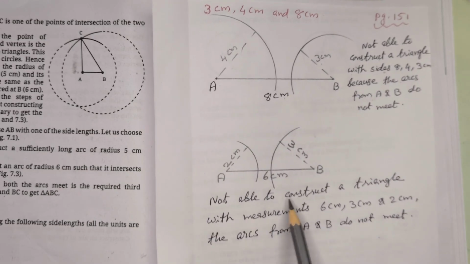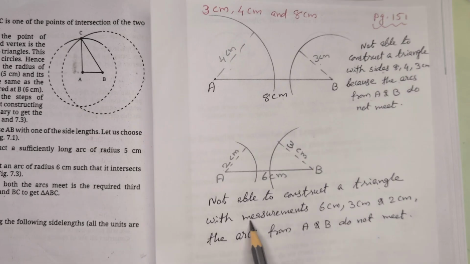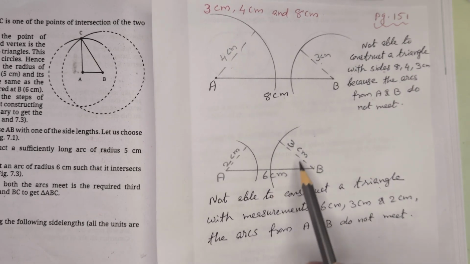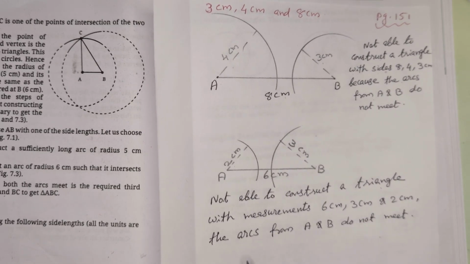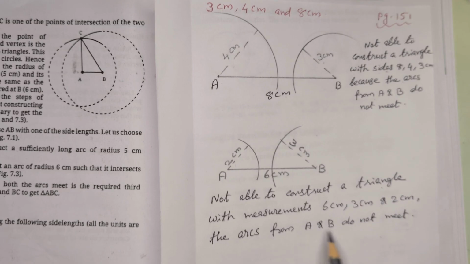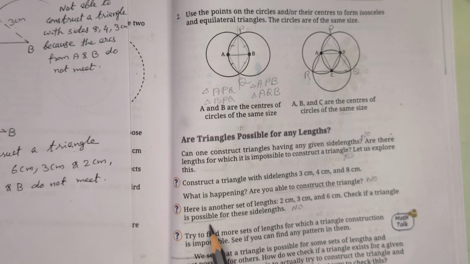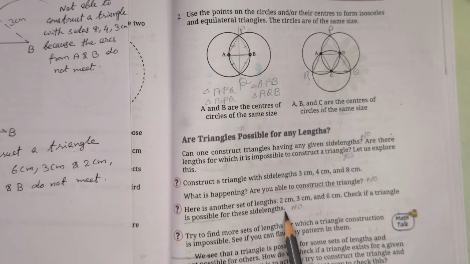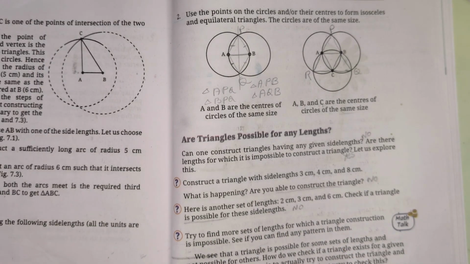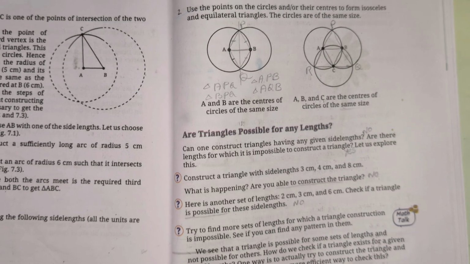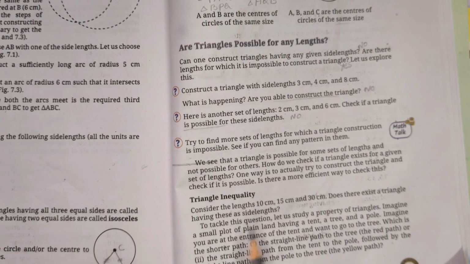So we can write that we are not able to construct a triangle with measurements 6 cm, 3 cm and 2 cm, because the arcs from A and B do not meet. Is it possible for these side lengths? No. And next comes the triangle inequality.